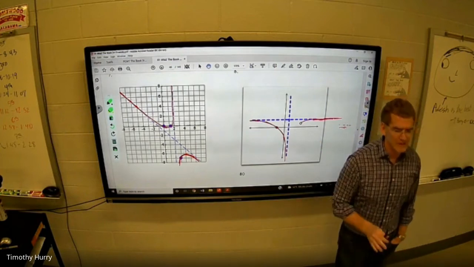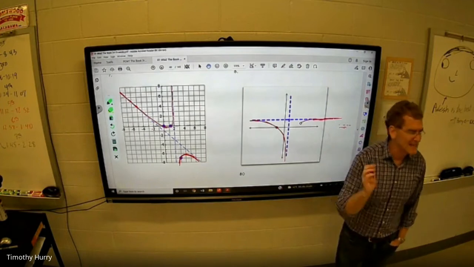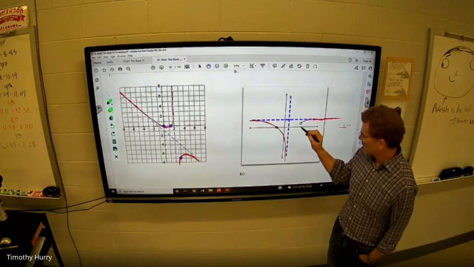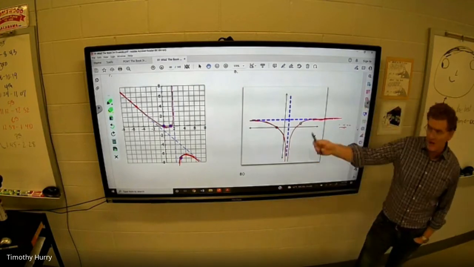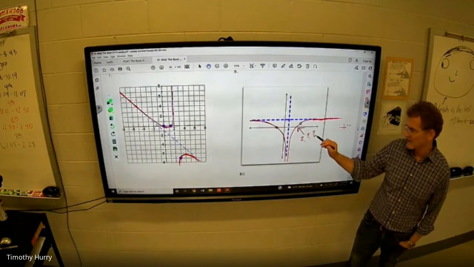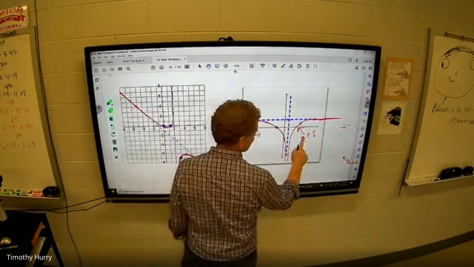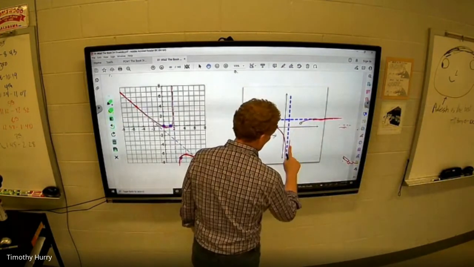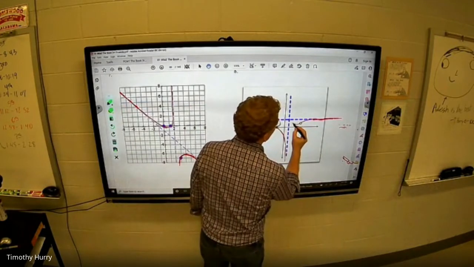I bet every year on a problem similar to this on the test, at least half the people just cross the x-axis, even though I cannot cross the x-axis. So don't do that. What really happened was you hit that hole and went, I really have no choice but to turn and head on up.